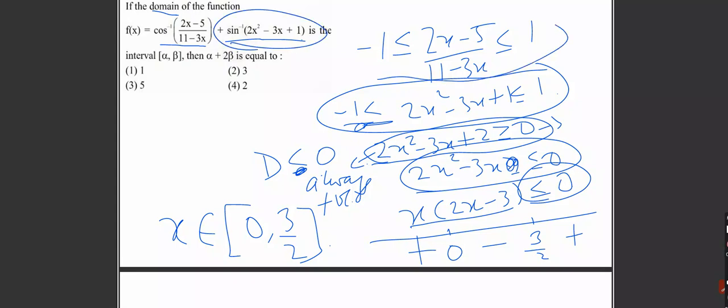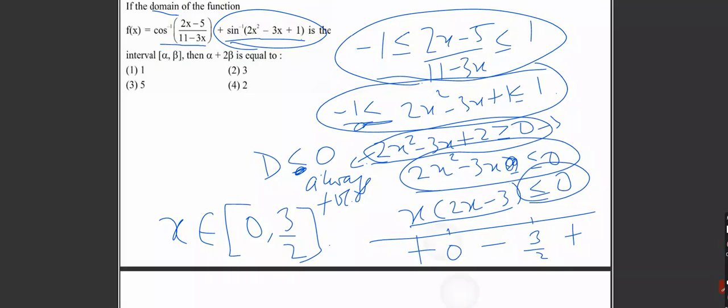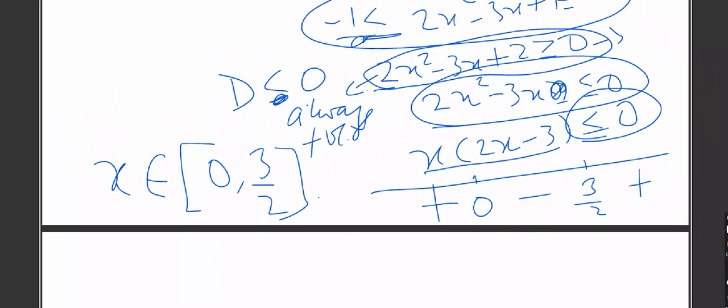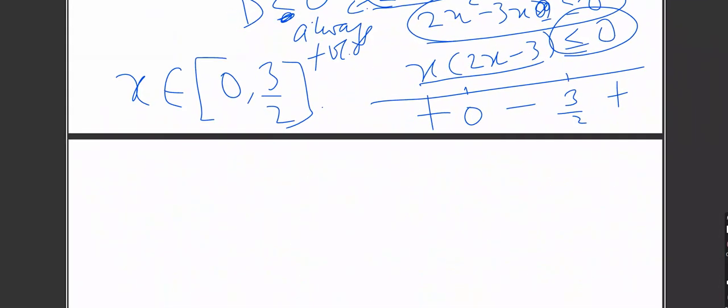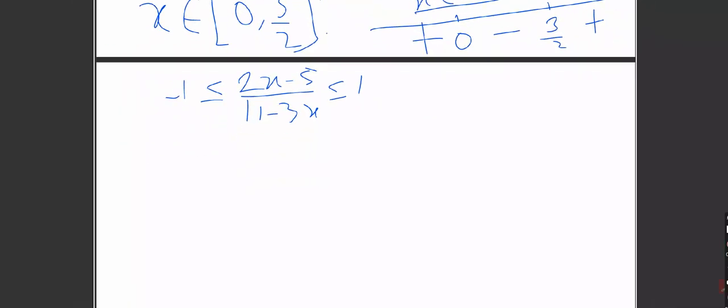Now moving to the second equation, which we got from the cos inverse domain: 2x minus 5 by 11 minus 3x is between -1 and 1. Now we will solve these both inequalities separately.